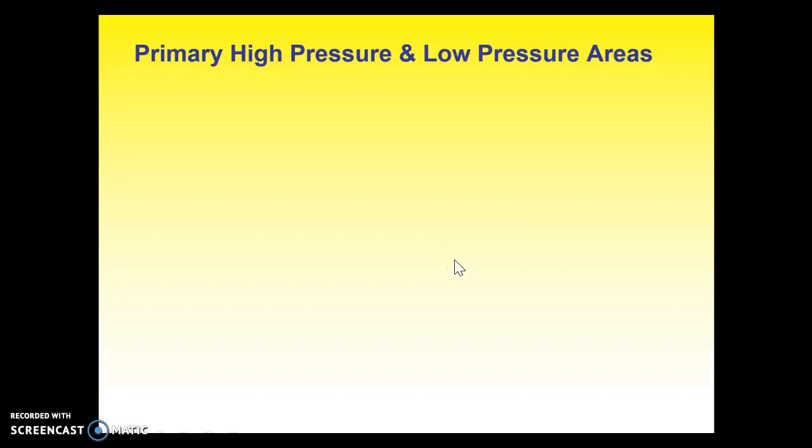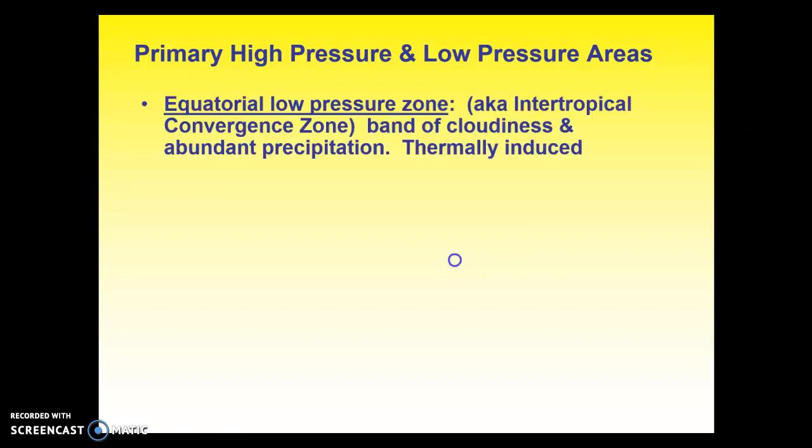So in looking at those high and low pressure areas that we described and that you just saw, hopefully, in that animated video that was in the previous slide, there's the equatorial low pressure zone, also known as the intertropical convergence zone. What do you need to know about that? It's a zone of cloudiness and abundant precipitation.